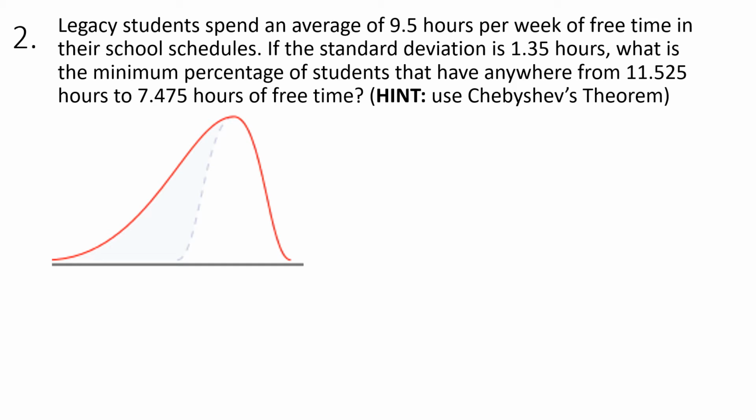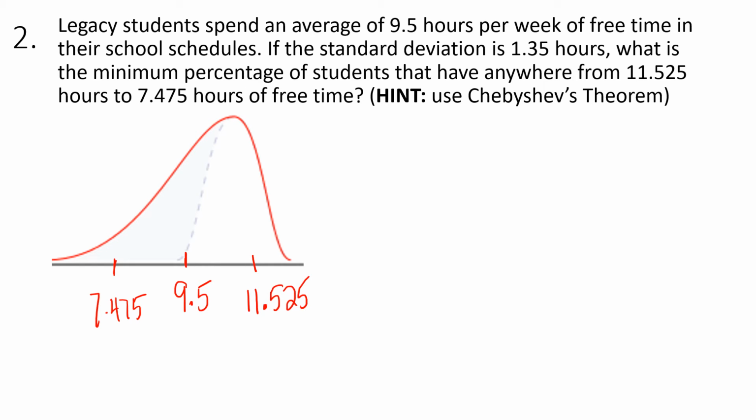Okay, so because they did not tell us that this distribution was normal, we have to use Chebyshev's theorem because we don't have a normal bell curve, as you can tell from the picture. So our average for hours of free time in your schedule at Legacy is 9.5. And they're asking us, what is the minimum percent of students that have anywhere from 7.475 to 11.525.